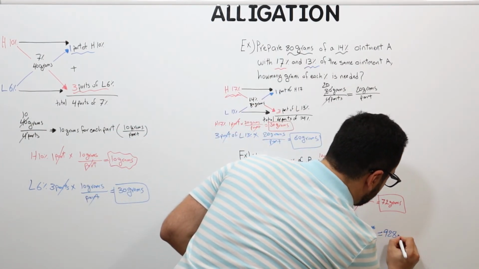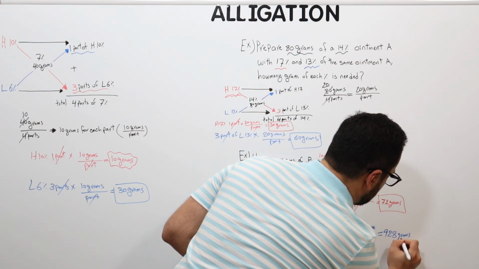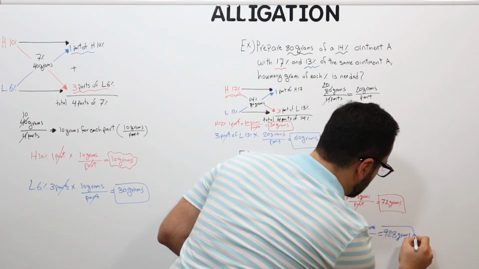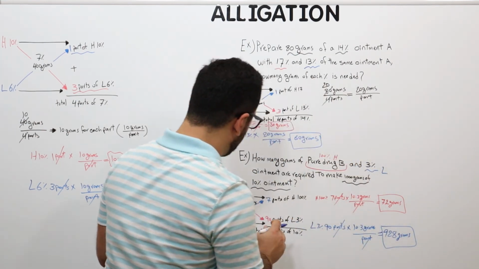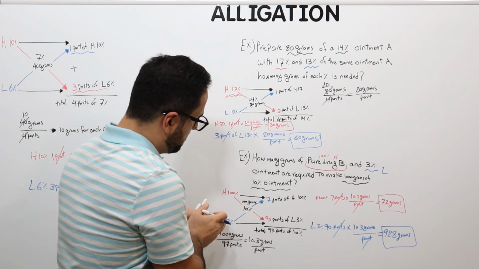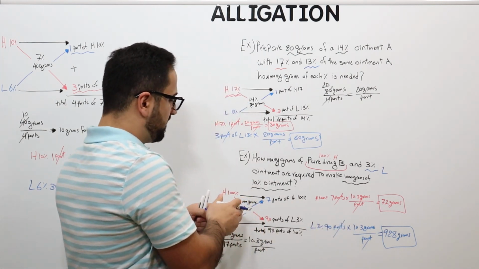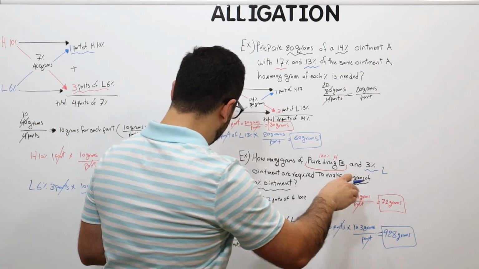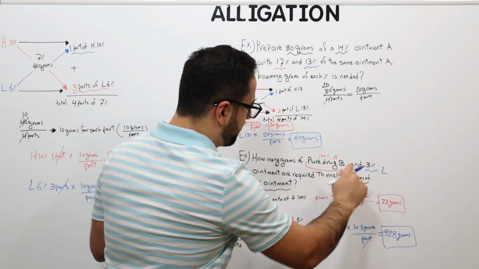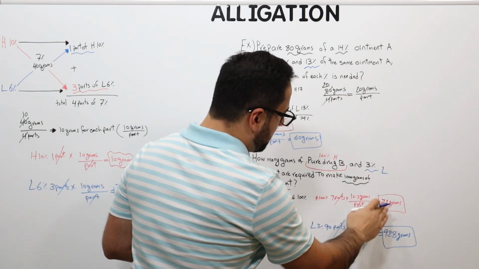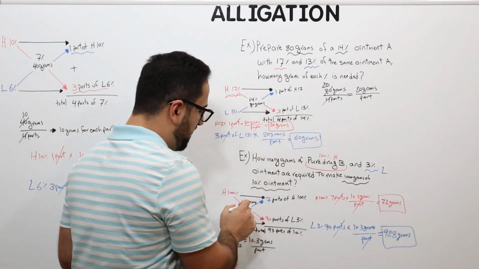And this is the number of grams needed from the low concentration to make up the desired concentration with the higher concentration number of grams. So 928 plus 72 equals 1,000 grams.